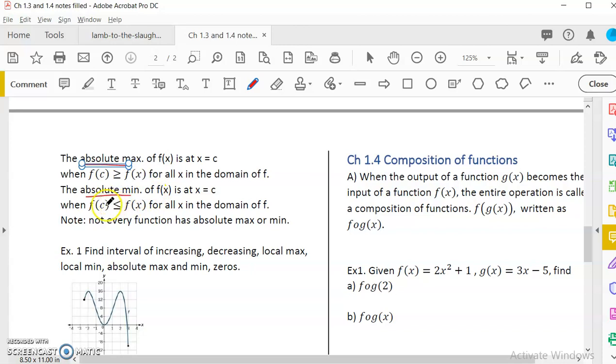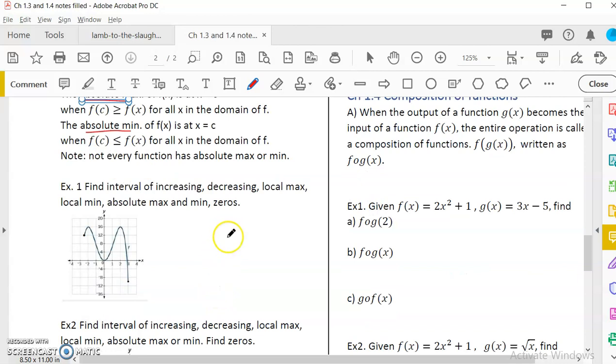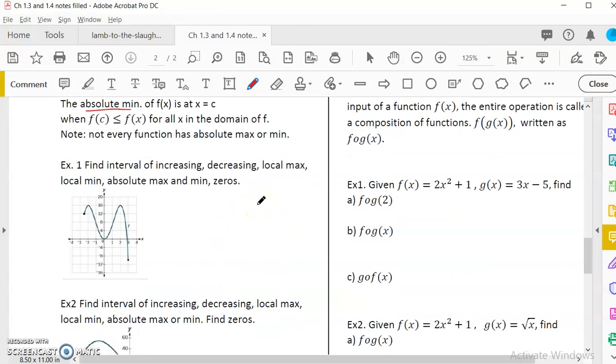And likewise, if f of c is less than every other point in the domain of f, then it's called the absolute min. But a function might not have an absolute max or min. It's basically the highest and lowest value of the whole graph. Sometimes if the function goes to infinity at the end, then you cannot see the absolute max or min.